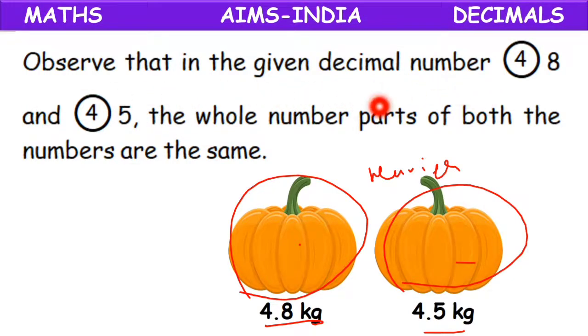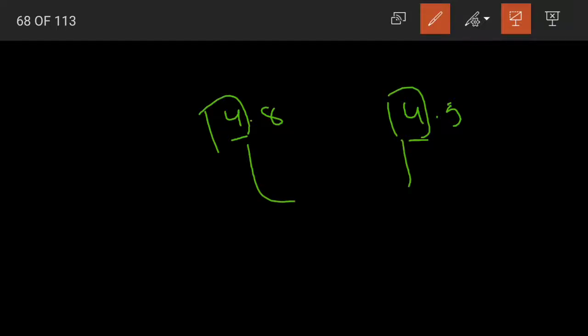Observe that in the given decimal numbers 4.8 and 4.5, the whole number parts of both the numbers are the same. What is the whole number part for this? 4. 4 is the whole number part for both the given decimals. That means the whole number part for both the given decimals is the same.